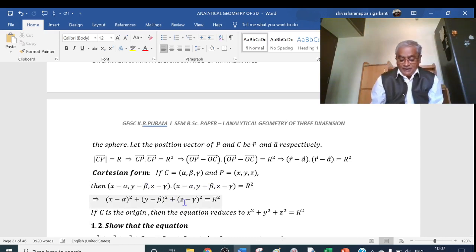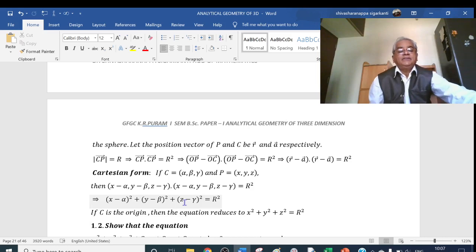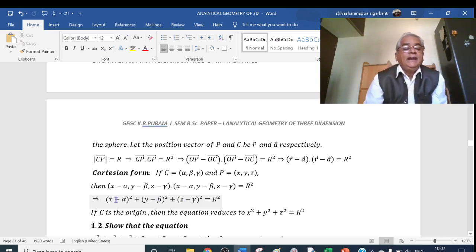This is the equation of the sphere whose center is at the point alpha, beta, gamma and whose radius is equal to r. Any equation of this form always represents a sphere with center alpha, beta, gamma and radius r.